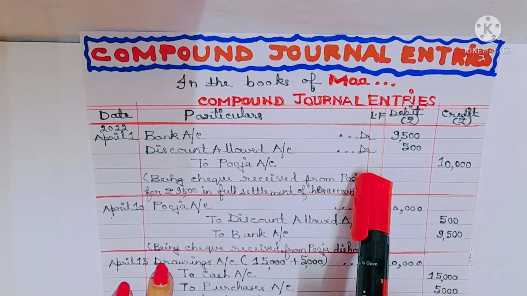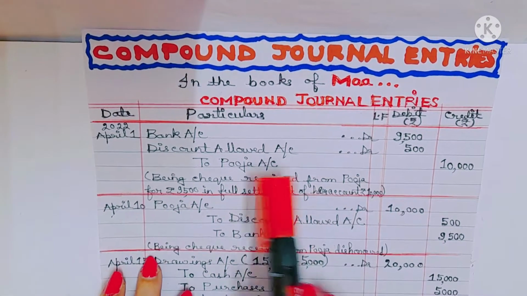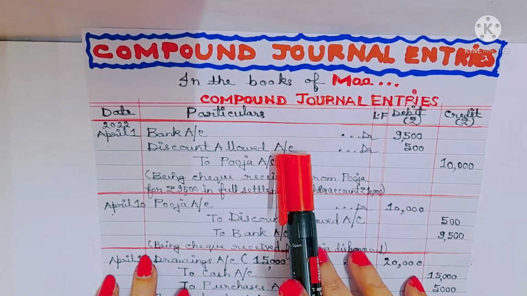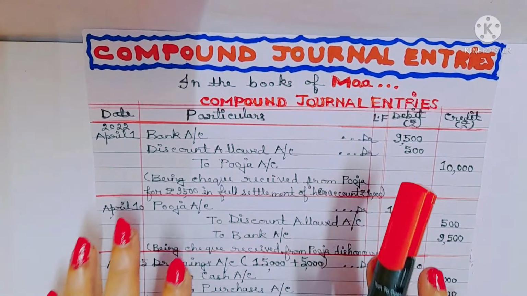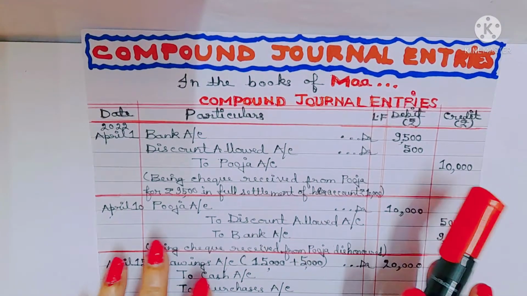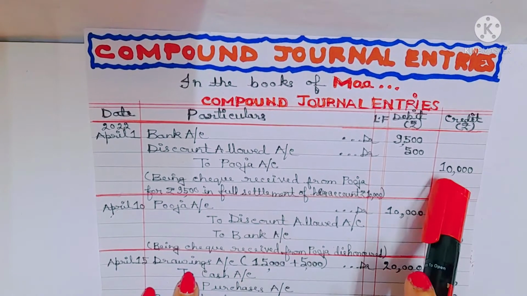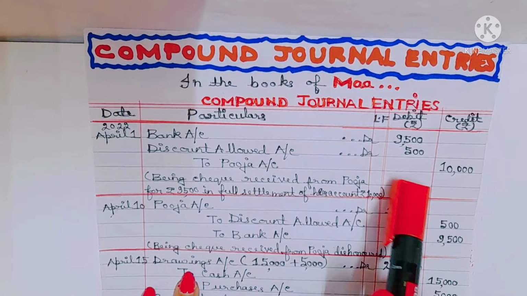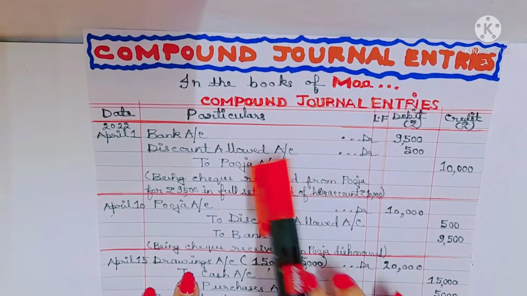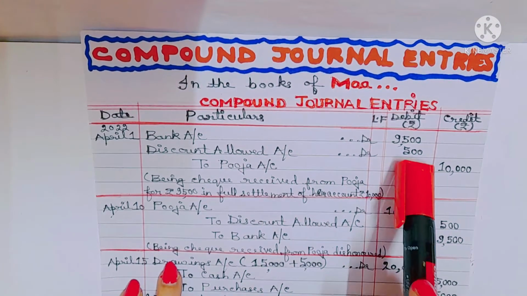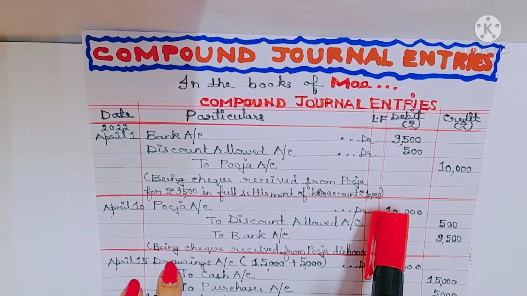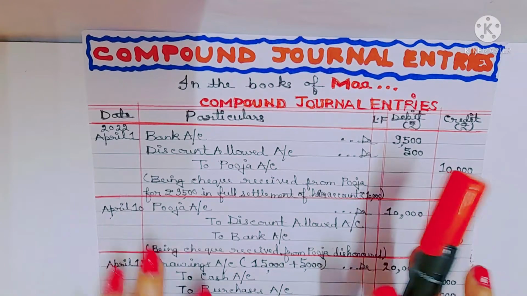Why 500 less? That means Ma is allowing her 500 discount. Ma should have received from Pooja the total amount 10,000. But Ma is receiving from her by check only 9,500 in full settlement.